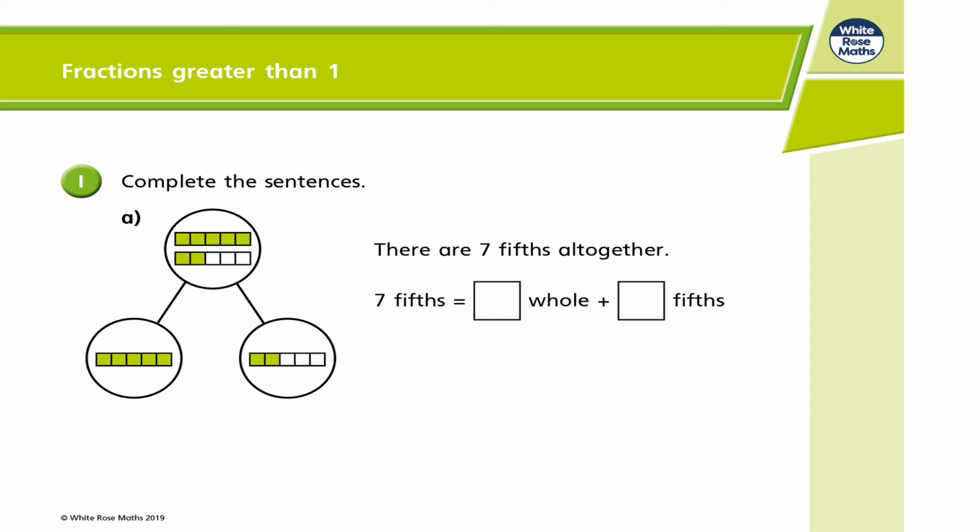You've got 7/5 in total. So if you use that bar model, the bars, you can see you have one whole one, which is 5/5, and then you have 2 more fifths. So 7/5 is the same as one whole one and 2/5.